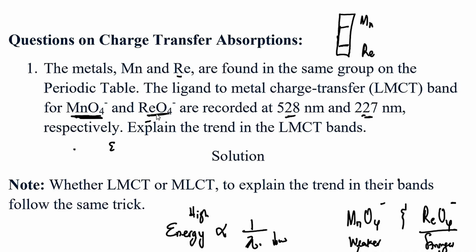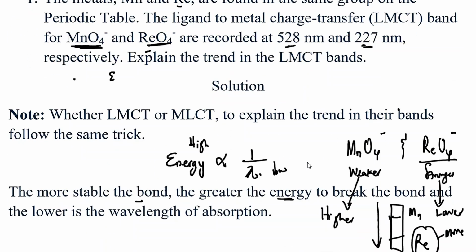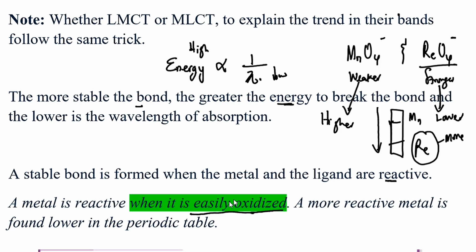Because this is a stronger bond, it requires higher energy and lower wavelength. That's basically the answer. But in your exam, always specify this. It goes beyond telling them that the metal is reactive. You also have to tell them that it's easily oxidized, compared to the other metal.